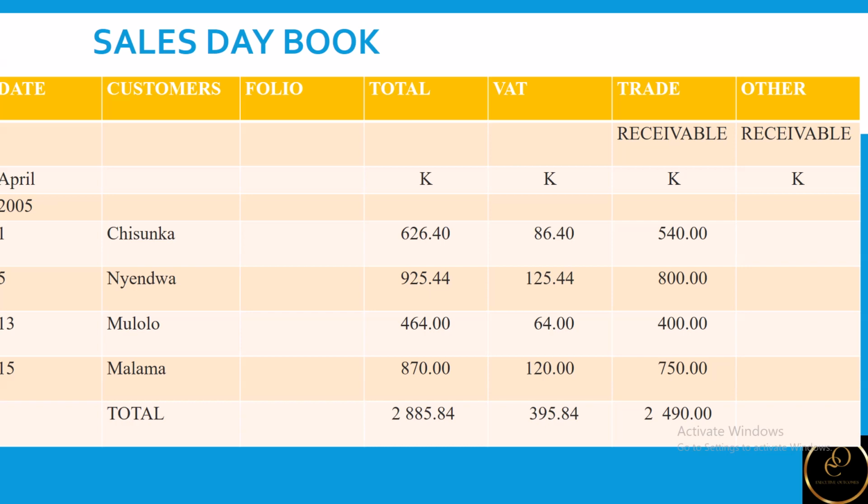So you calculate 16% of this 540, you are going to get the value added tax of 86 kwacha 40 ngwee. So the amount inclusive of VAT is obtained by adding 86 kwacha 40 ngwee to 540 kwacha, which gives 626 kwacha 40 ngwee.